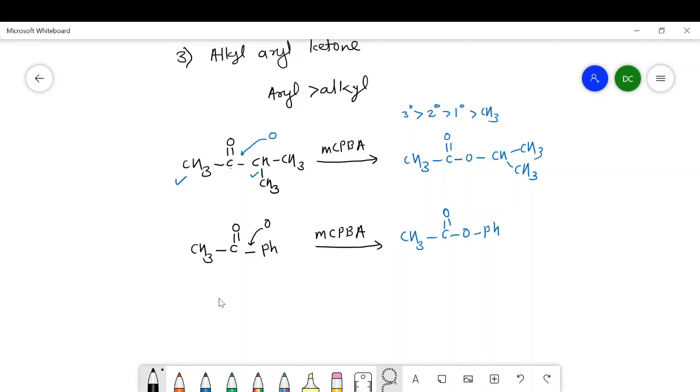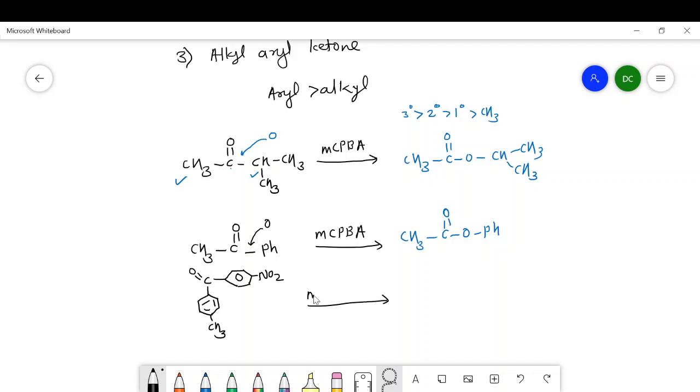Third example, in which we will take the benzene which is attached with the methyl group, and at this position there is a C=O which is attached with another benzene, and this benzene is attached with the NO2 group.